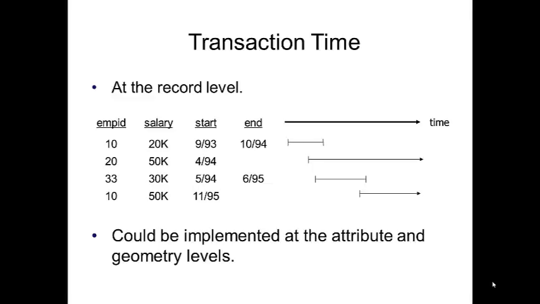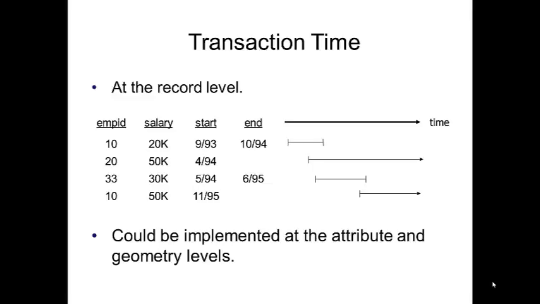So if that's a problem, you could also implement such a system at the level of the attribute or the geometry itself. So rather than storing when a row is valid, between the start and end of its valid period, you could do that on each attribute separately.